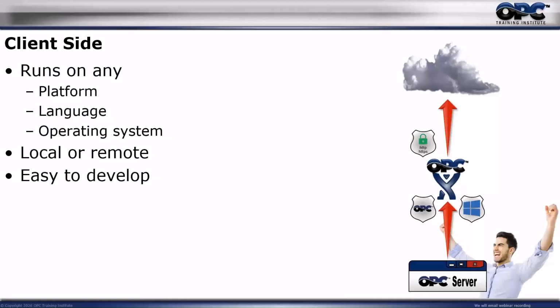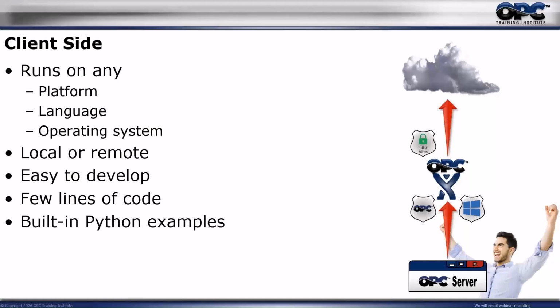The example I'm going to use is Python to get this communicating, and very, very few lines of code. I'll show you the lines of code, and there are built-in Python examples here. So we have lots of examples specifically built for Python, and it's using only one port, again, using HTTP or HTTPS.